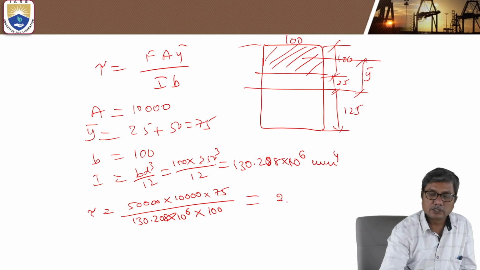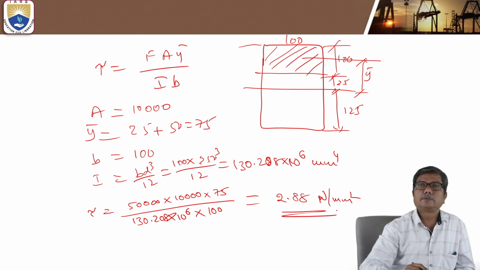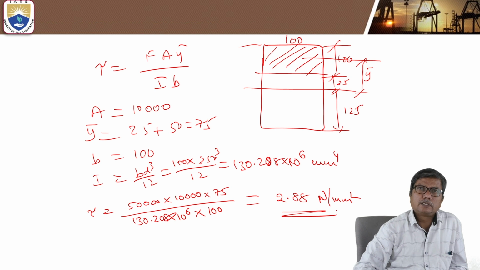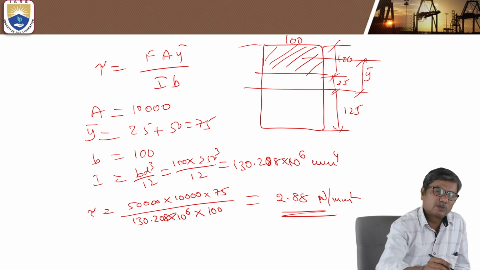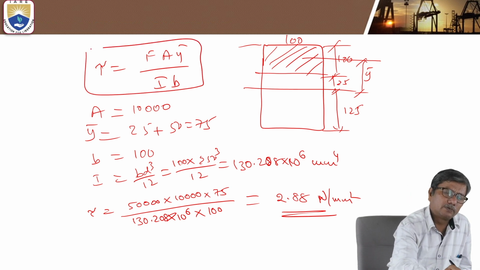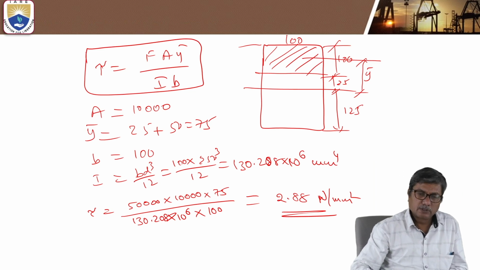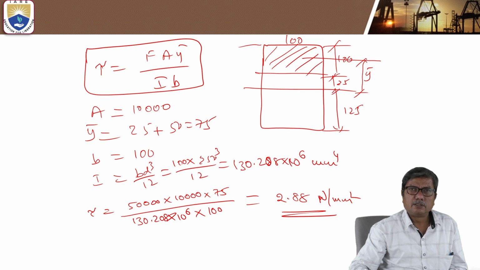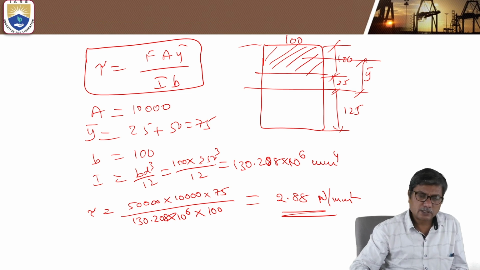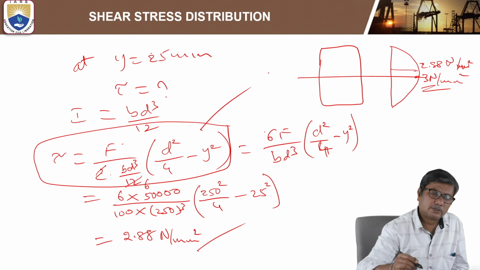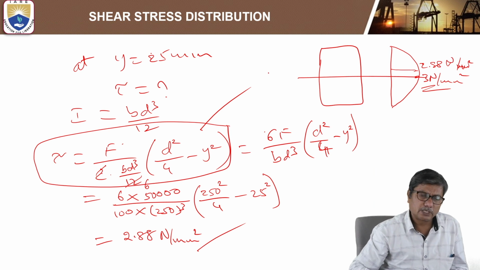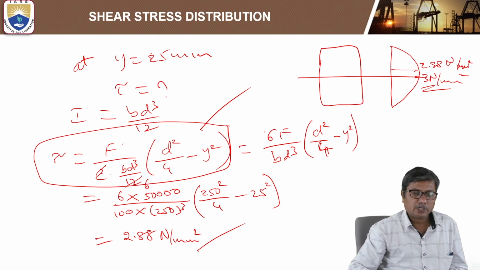This also gives the same value, 2.88 Newton per mm square. This is an alternative formula, or general formula, for finding out the shear stress at any distance. You can use any one, either this one or the particular case of rectangular section. Both will give the same answer.